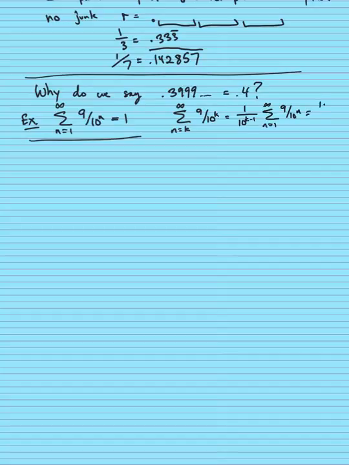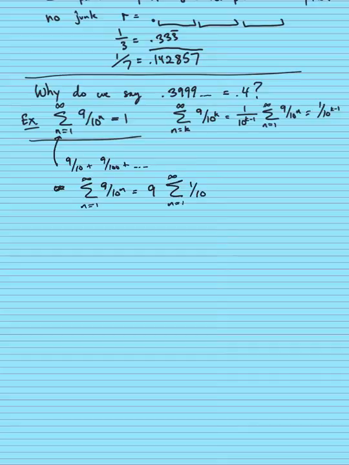So you just get 1 over 10 to the k minus 1. And luckily, we've already done the work of this. This is just 9/10 plus 9/100, and so on. From the formula for geometric series, 9 over 10 to the n is 9 times 1 over 10 to the n.